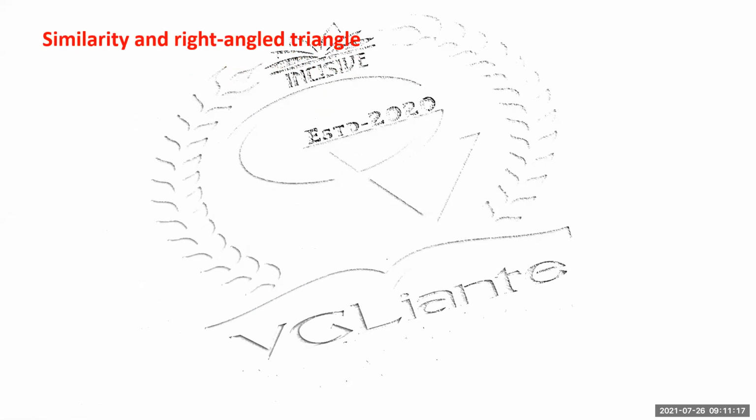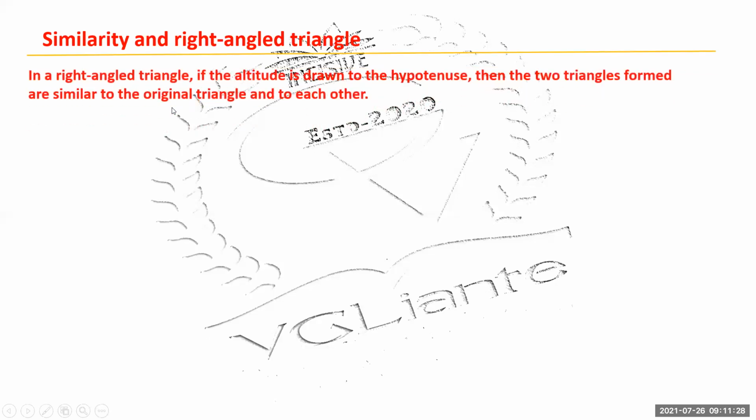Similarity in right angle triangles. Now this is a very important property. In a right angle triangle, if the altitude is drawn to the hypotenuse, then the two triangles formed are similar to the original triangle and to each other.